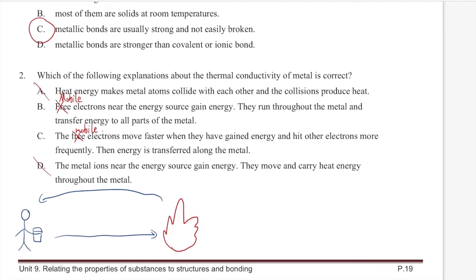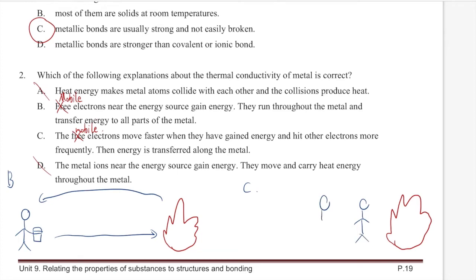But for the case of C, again we have a heat source, and then in the case of C we have a lot of people lined up, right?